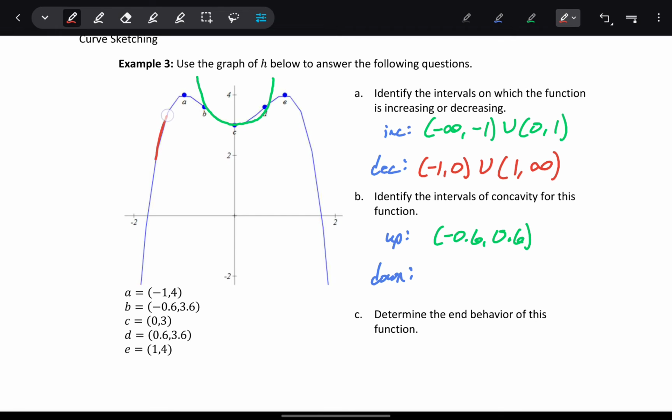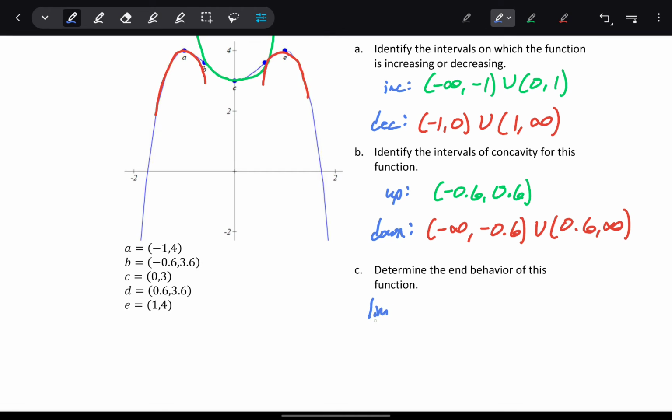And then on the remaining intervals, our function is following this concave down shape. So from negative infinity to -0.6, union 0.6 to infinity.